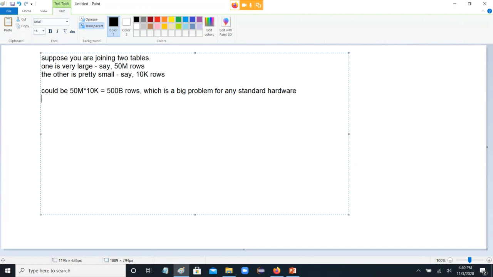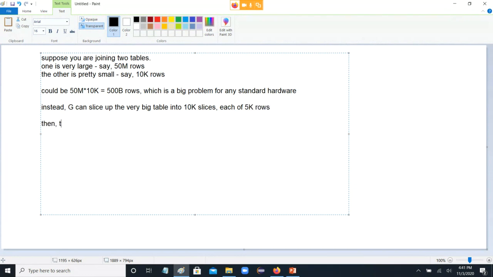So instead, Google can slice up the very big table into something like 10,000 slices, each of 5,000 rows.